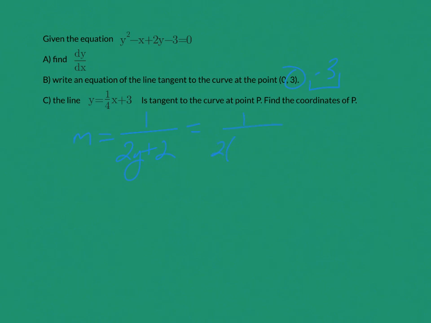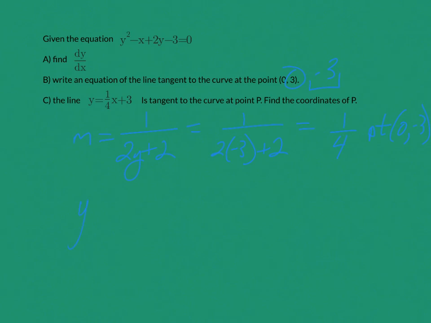And if we put in -3, we get 1 over -6 plus 2, and that becomes 1/4. Then we can go ahead and find our point, and remember our point was in fact the 0 and the -3.